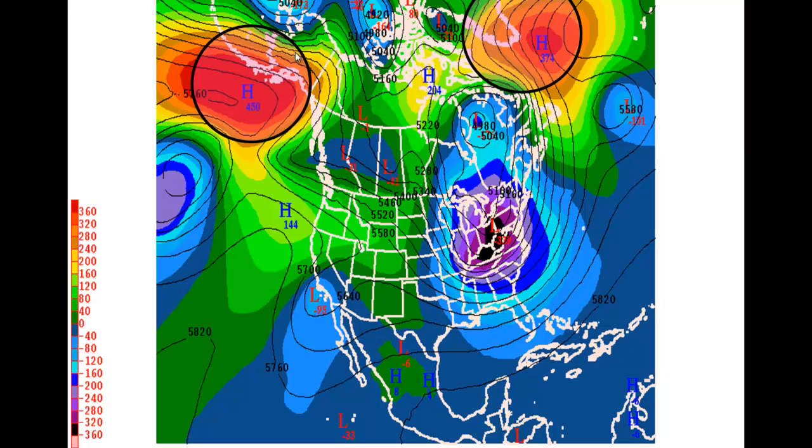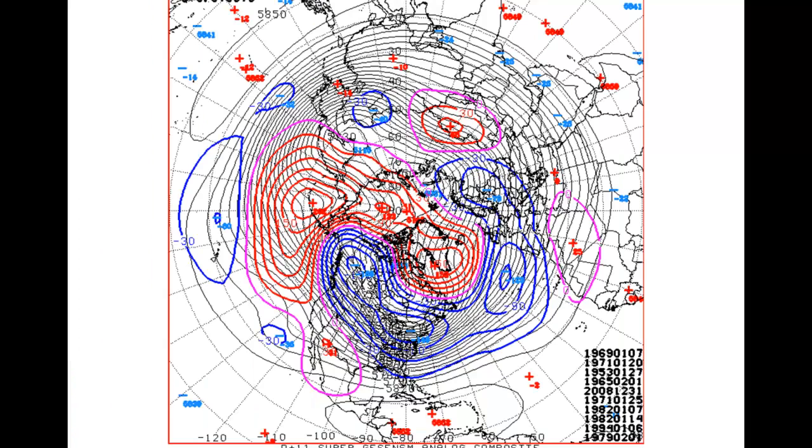So these two features are ones to watch as you're moving forward. When you have positive departures from normal at 500 millibars over Greenland and over the northeast Pacific, you can get pretty dramatic results down towards the East Coast, and these things can occur very fast. But as we said, I think it'll be more of a step down process towards a more favorable pattern for snow. That's one thing that we need to keep in mind.